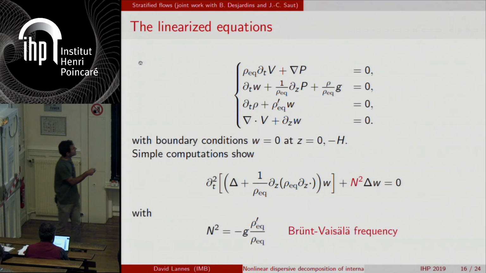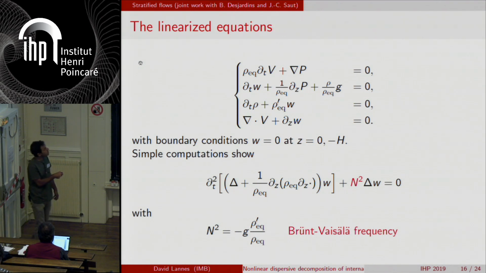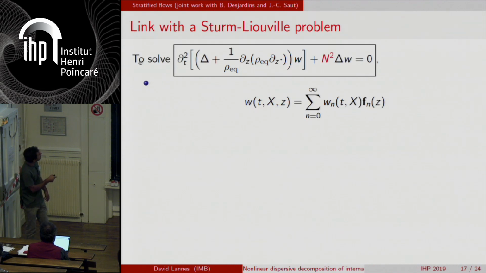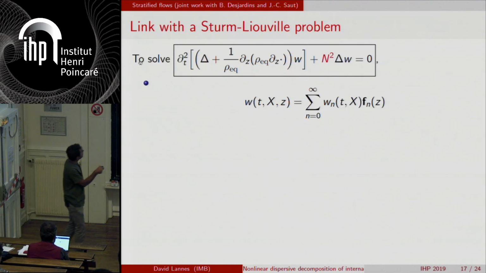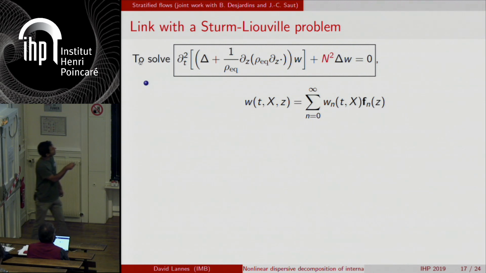So a good way to transform this into a simpler equation is to remark that here you have a kind of Sturm-Liouville operator. And so if you want to diagonalize this operator, it's convenient to introduce a decomposition of the vertical velocity on a Sturm-Liouville basis, which is the following one.